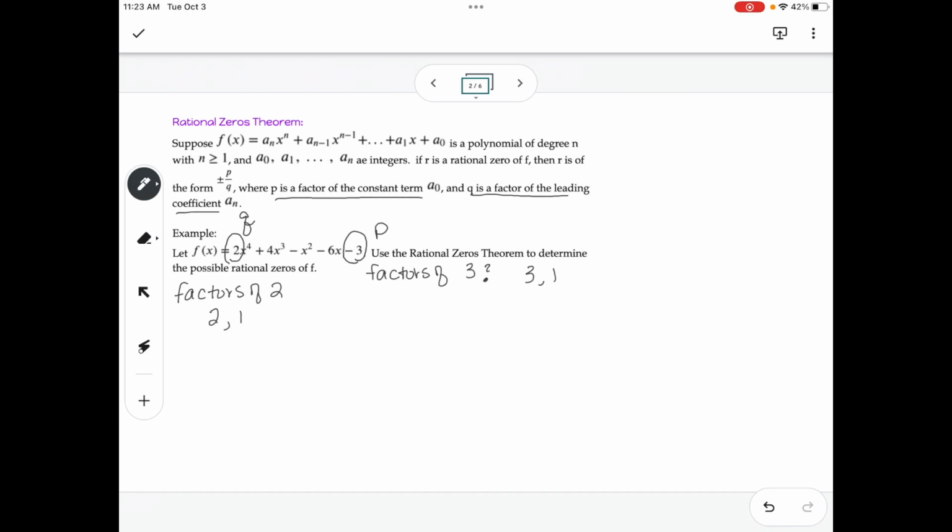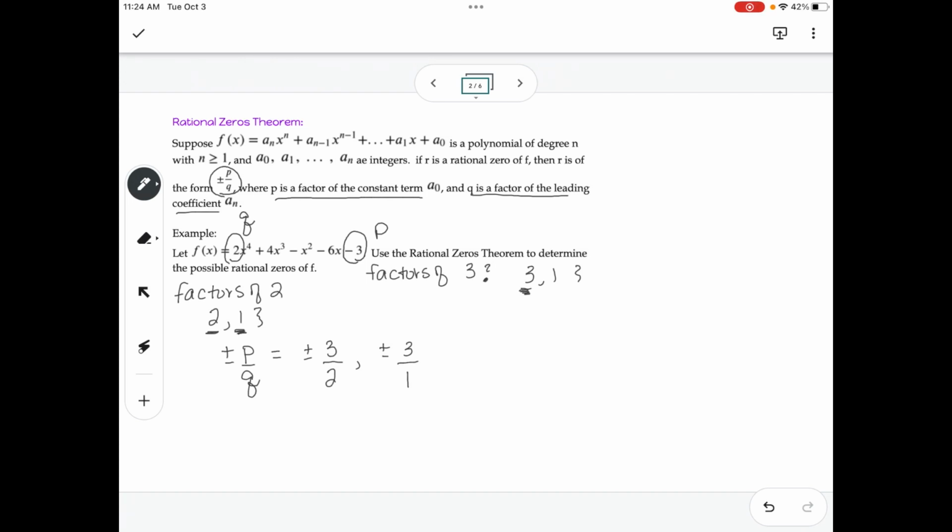Well, 2 and 1. Then we take every single combination and make p's over q's, plus or minus. It doesn't matter how you write these. My p values are 3 and 1, and my q values are 2 and 1. So if I start with 3 as my p, I'll have plus or minus 3 over 2, and also plus or minus 3 over 1.